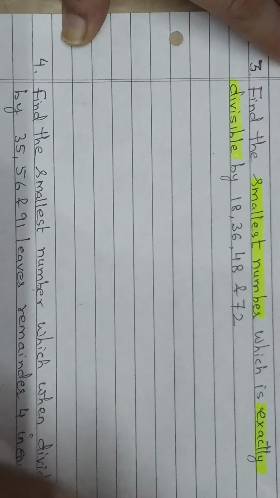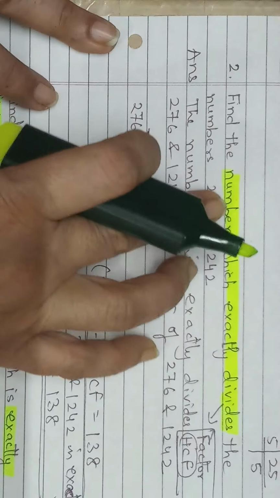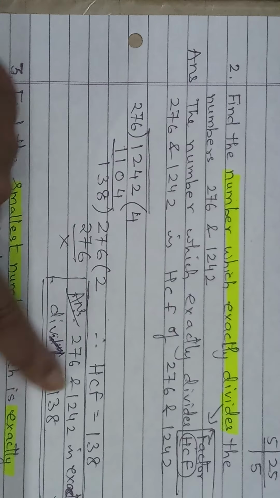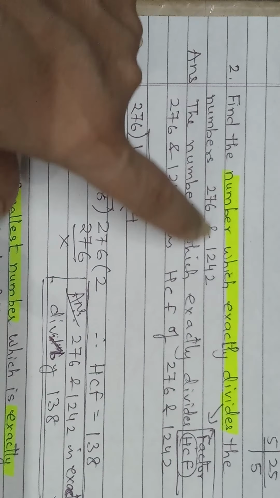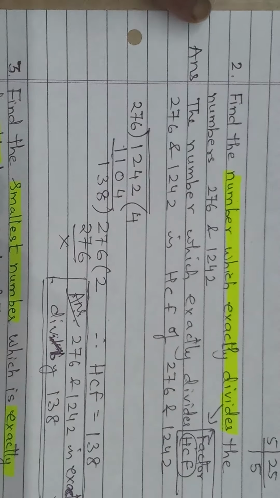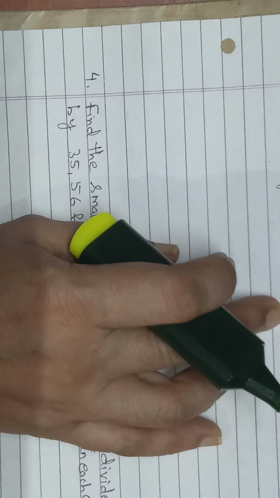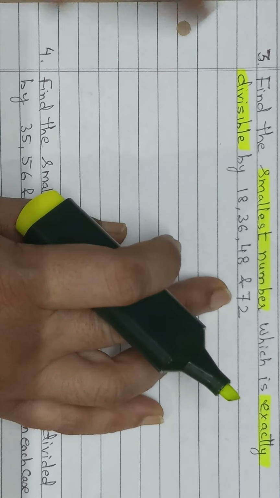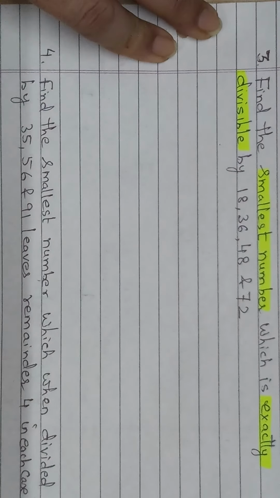In the earlier question, it was the number which exactly divides these two numbers. And here we are asked to find the number which is exactly divisible by all these four numbers. It means we want LCM.